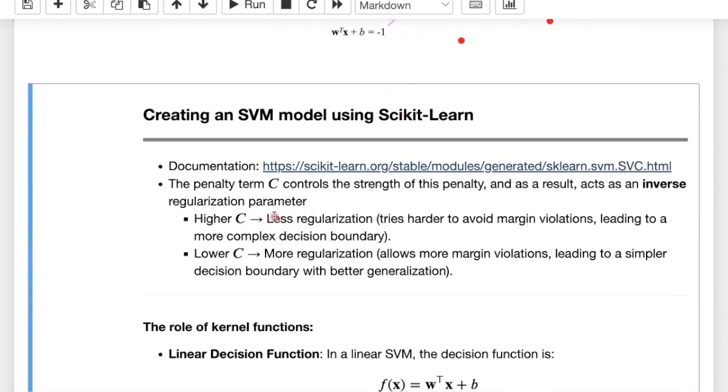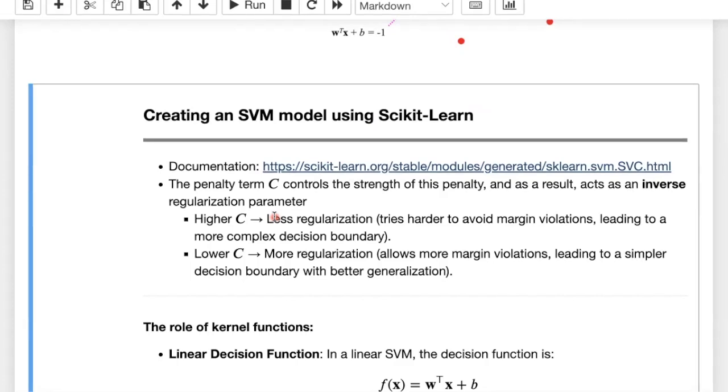So higher values of C mean less regularization, because we have to work very, very hard to avoid all sorts of margin violations, and this can lead to more complex decision boundaries because we don't have any wiggle room here.